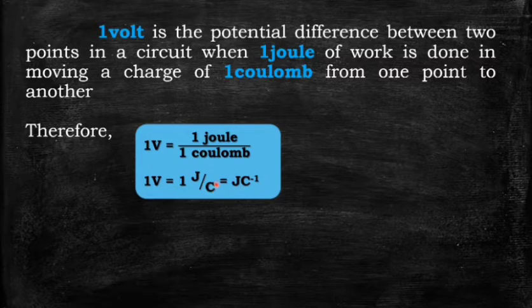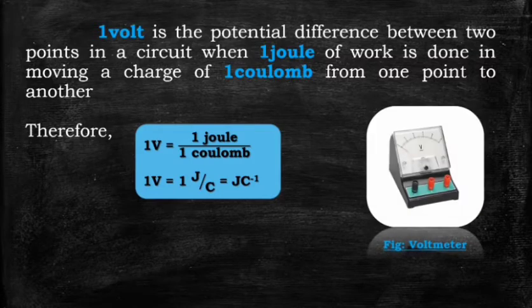If we take the denominator to the numerator, we write it as C raised to minus 1, that is joule into C raised to minus 1. As we measure current using an ammeter, we measure the volt using a voltmeter.